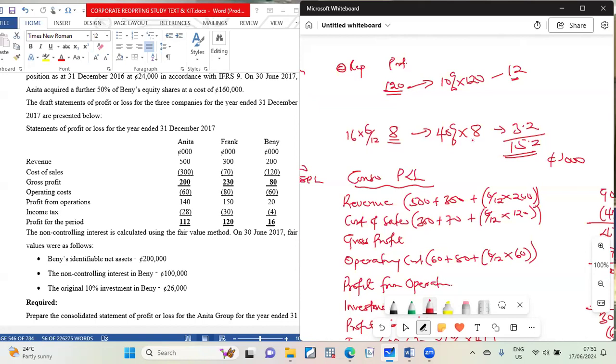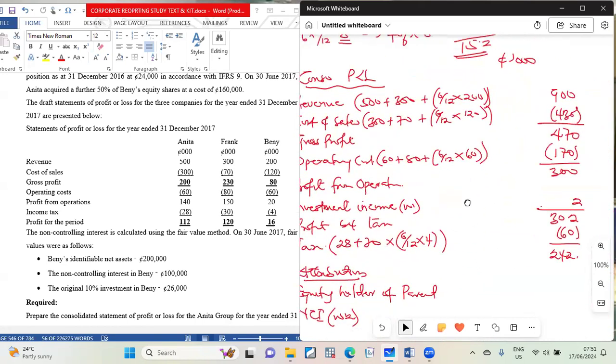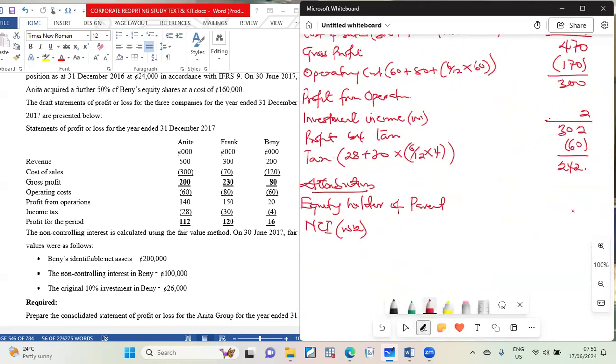You know what to do. It can be mixed up, all right. So that one will change this percentage. All right, so we know that the NCI is taking what? 15.2. And if it takes 15.2, the remaining balance, all right, will go to the parent, and the remaining balance will now be 226.8. So this is how we do it.